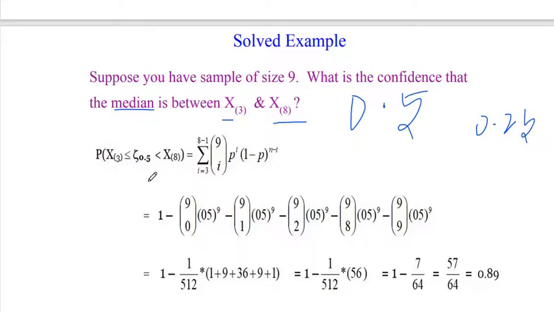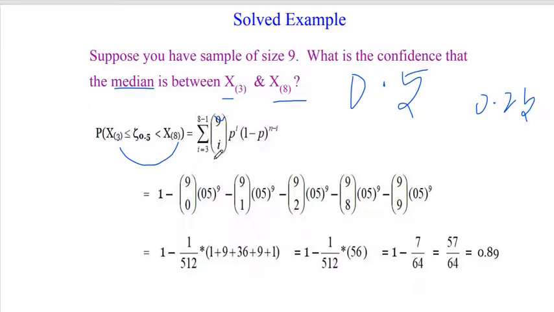Now we need to find 3 to 8. This is the formula: 3 to 8 minus 1 means 7. Here the total is n. You can use a table, R coding or Python coding, but we can also calculate simply. The total probability is equal to 1.